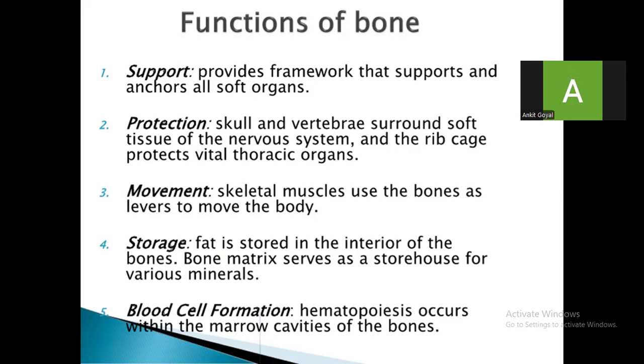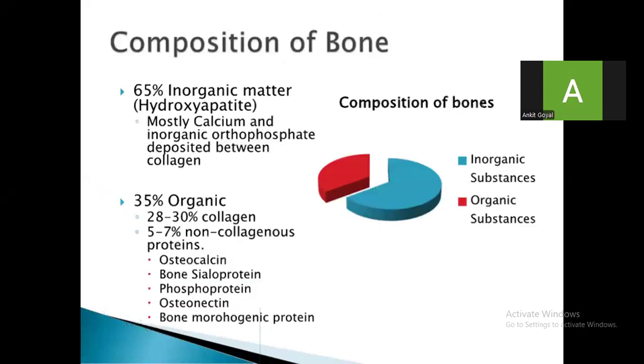They provide movement, as skeletal muscles use the bone as levers to move the body. For storage, fat is stored in the interior of the bones, and the bone matrix serves as the storehouse for various minerals. In blood cell formation, hematopoiesis occurs within the marrow cavities of the bones.